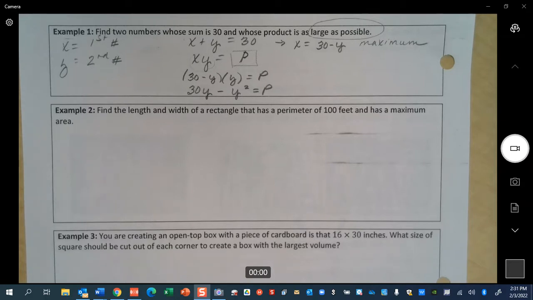Find two numbers whose sum is 30 and whose product is as large as possible. Does that make sense to you? So if I want to maximize the product, I want to figure out when my derivative is equal to 0.